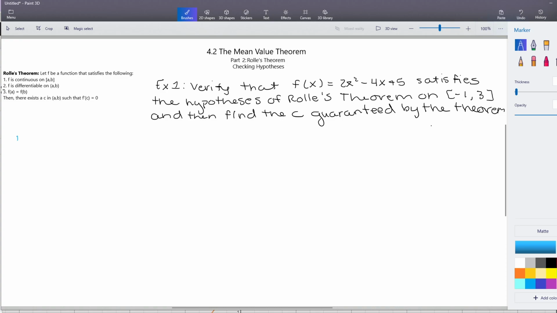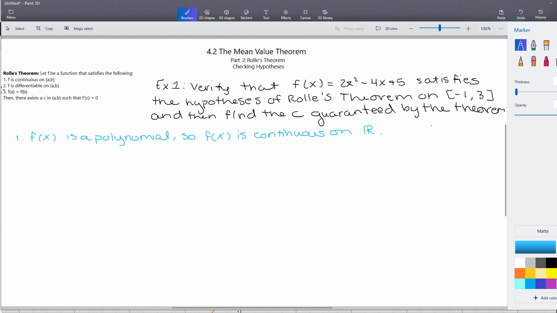Okay, so we would say that f of x, right, is a polynomial. So one of the things that we learned in chapter 2 is that polynomials are continuous on all of the real numbers. Okay, so f of x is continuous on all of the real numbers R. Okay, now that's not good enough, right?